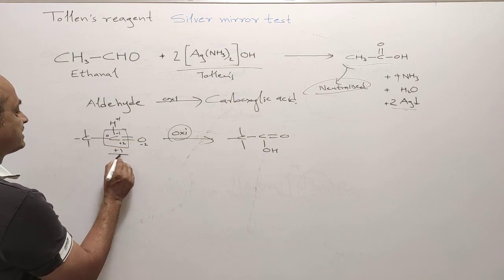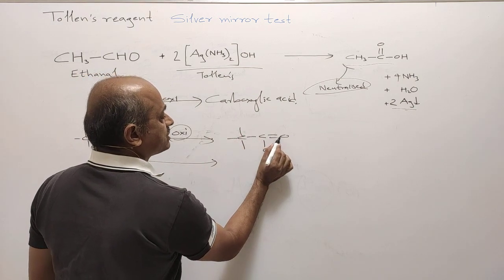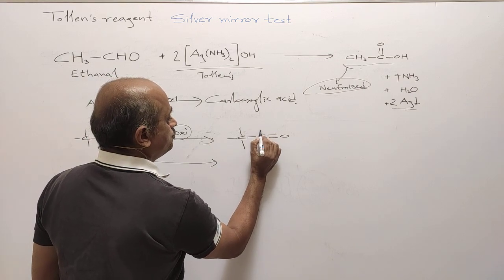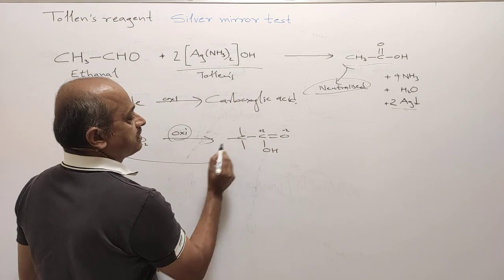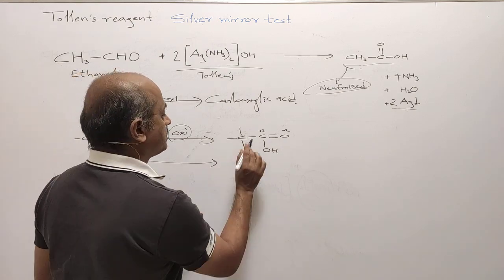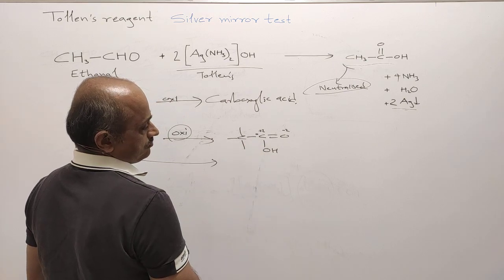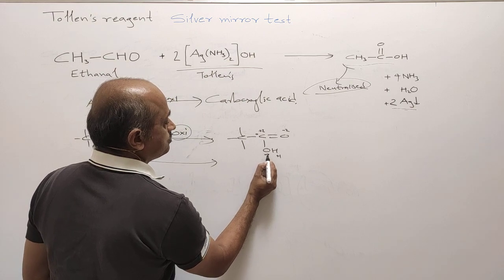So the +1 oxidation state changes to, we can find here, because of this oxygen, the charge on this carbon is expected to be +2, because oxygen is -2. The covalent bond is between two same atoms, therefore the charge on this carbon because of this carbon will be 0. Now hydrogen +1 and oxygen -2.